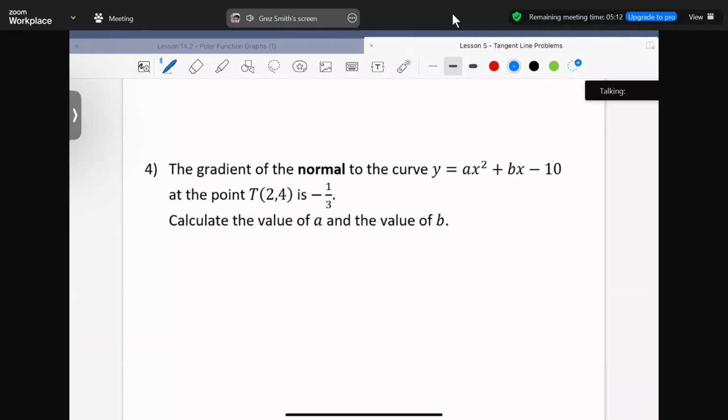So we've got two pieces of information, one for each equation. We've got this piece of information here, and we've got this piece of information here. How does the (2, 4) relate to that equation? We can put the 2 as the x value.